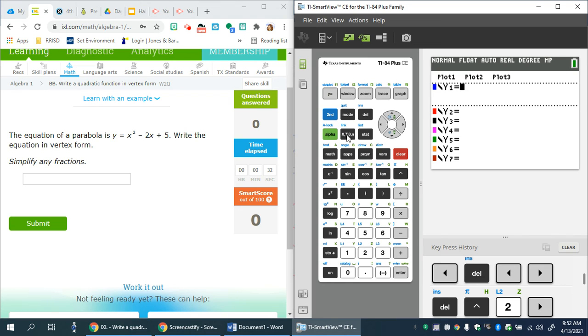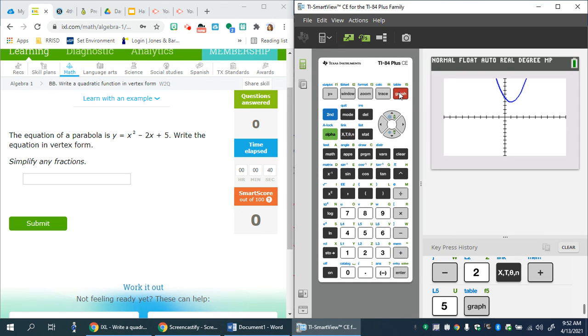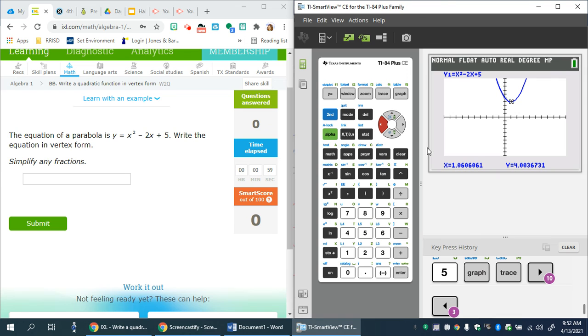Y equals, this is x squared minus 2x plus 5. Then we go to our graph. If you want to trace, it might show up the vertex. You can kind of go like, okay, it's starting to go back up, so it's kind of right here, and it's really, really close to 1, 4.